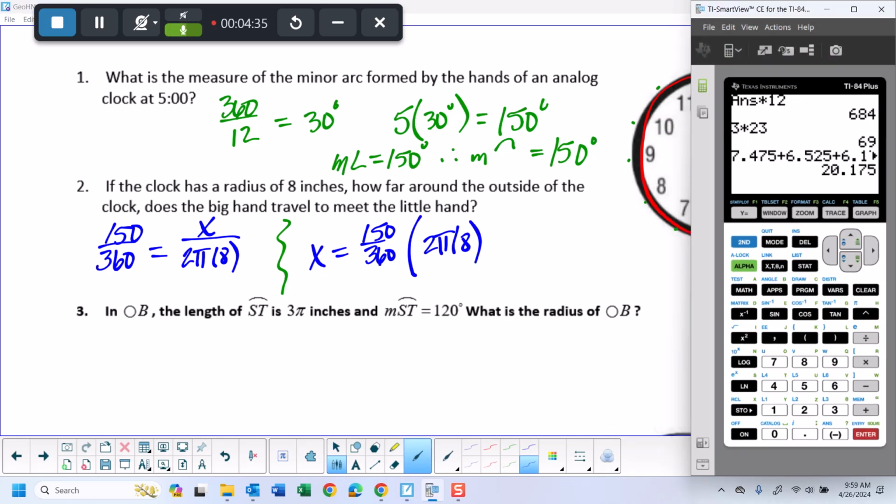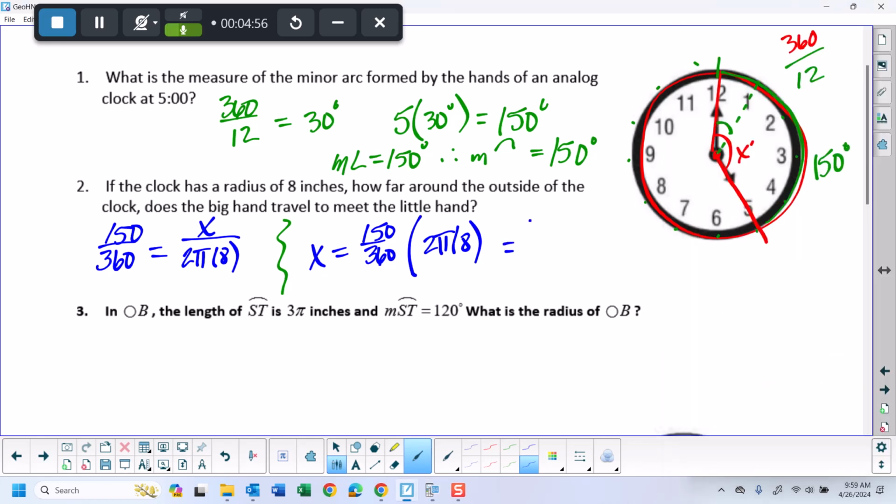So when you pull up your calculator and you can say, all right, 150 divided by 360, that fraction is that decimal. Of is my multiplication, 16. That's going to give me, math, frac, enter, 20 thirds. So we'll say that's 20 thirds pi.